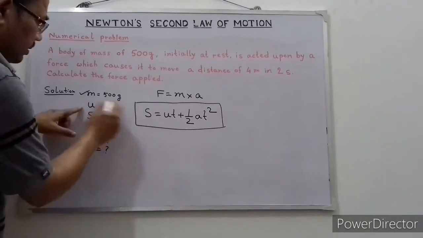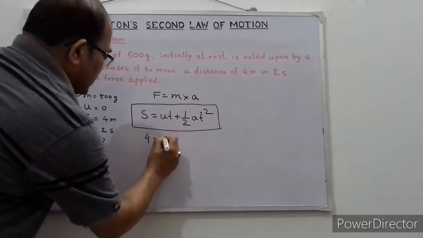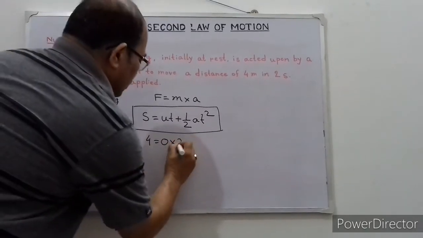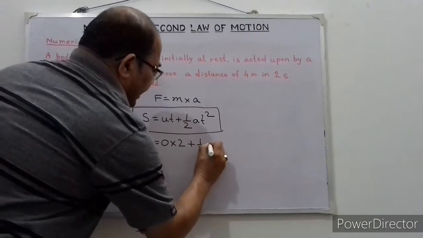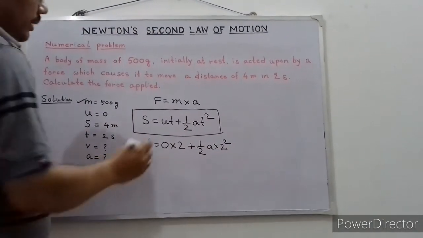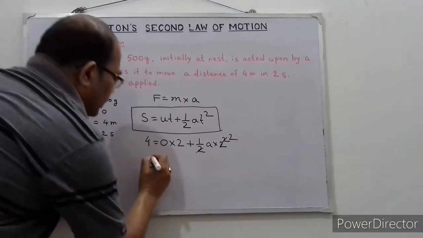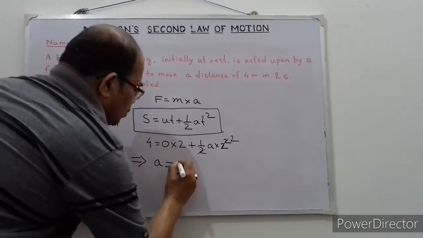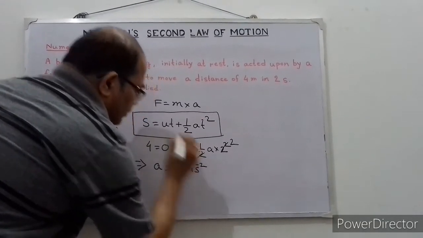Now put the data. s equals 4 equals u, means here 0, into t, whatever t, it will be 0. 0 into 2 plus half a into 2 square. Okay, 2 square means 4. So a equals 2 meter per second square.